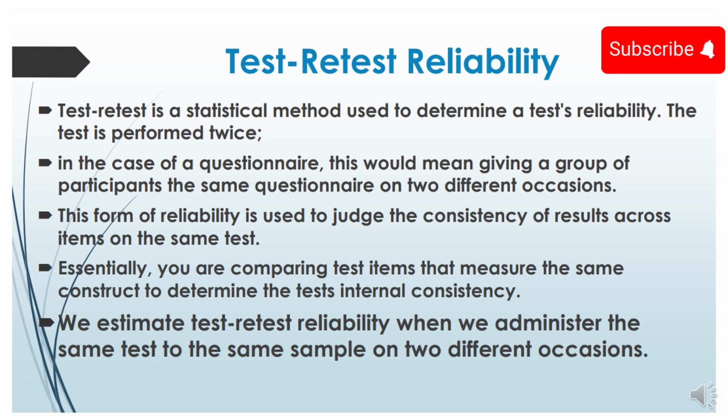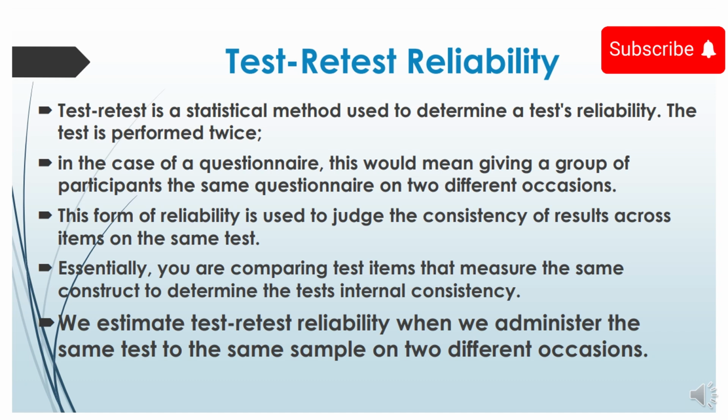So the further explanation of this is included: the test-retest is a statistical method used to determine a test's reliability. The test is performed twice. In the case of a questionnaire, this would mean giving a group of participants the same questionnaire on two different occasions.